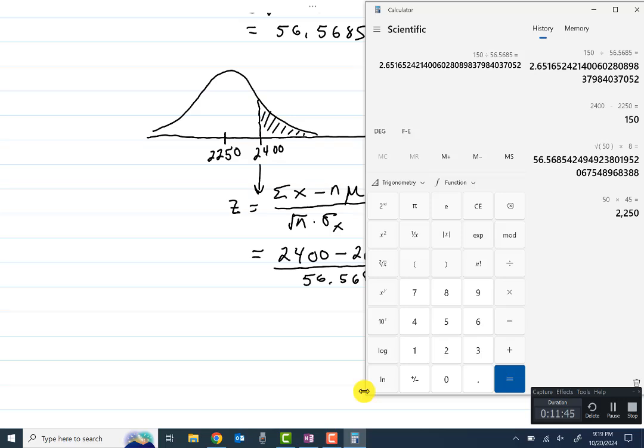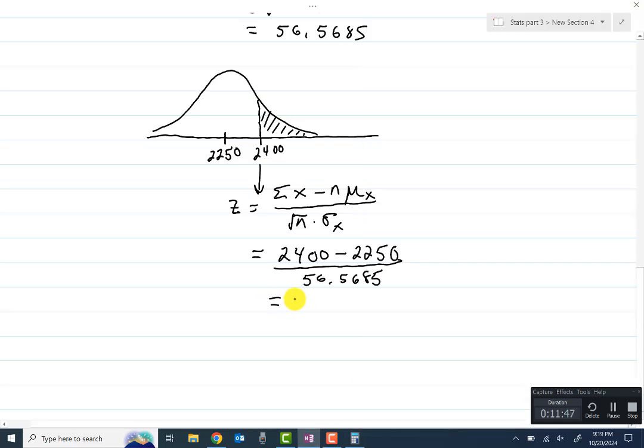Remember, you want to limit these to 2 decimal places. And then from here, you can look up the white space out here, which is what I am going to do, and then subtract whatever you get from 1 to get the other side.